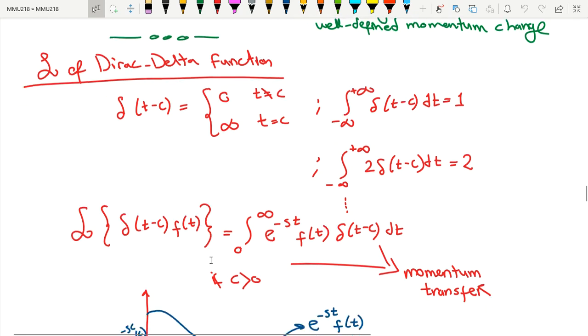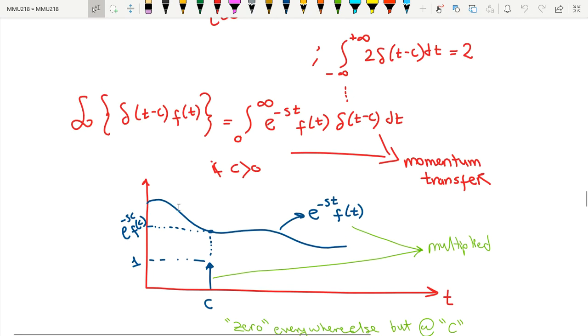And f of t, let's say I have some random f of t here, and in the Laplace integral it needs to be multiplied by e to the minus st. That is our Laplace term. And if I multiply it by the Dirac delta function shifted at c, this is defined from 0 to infinity.